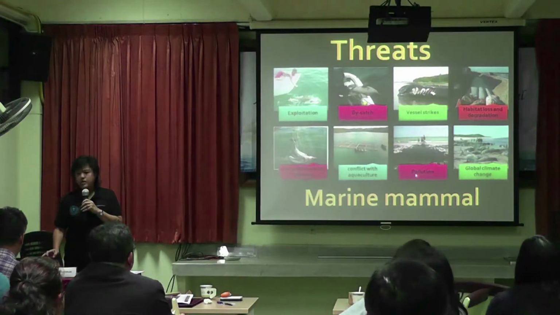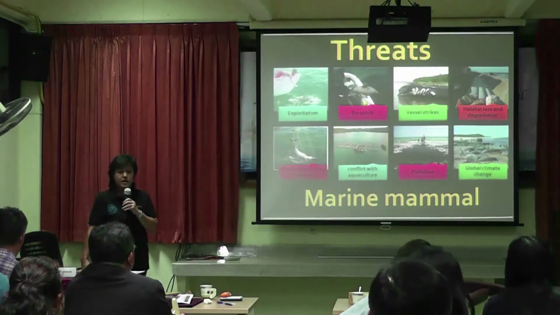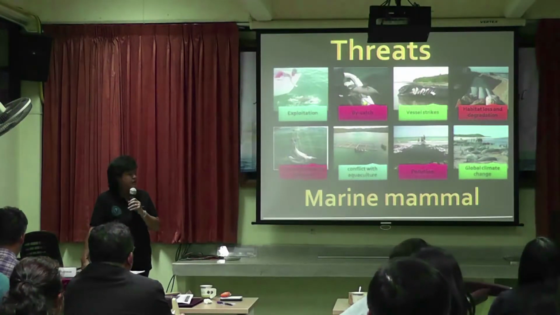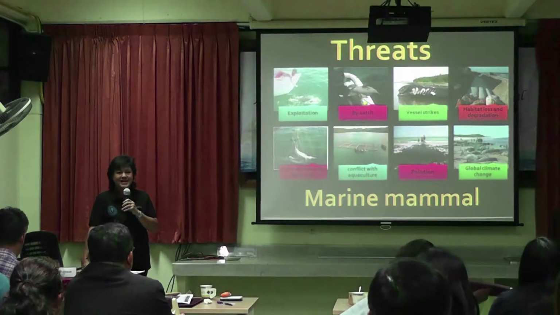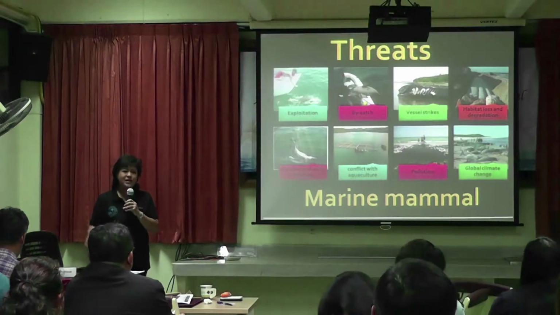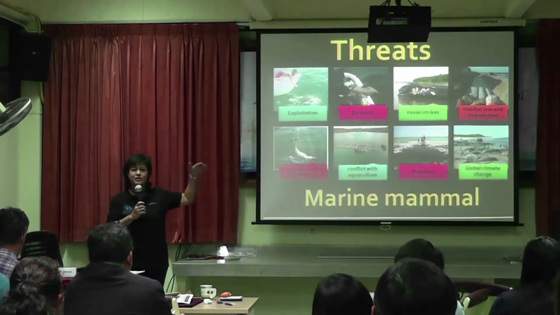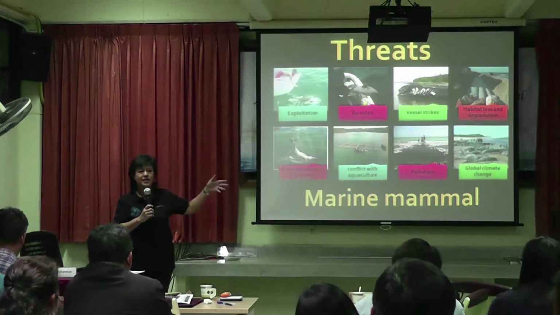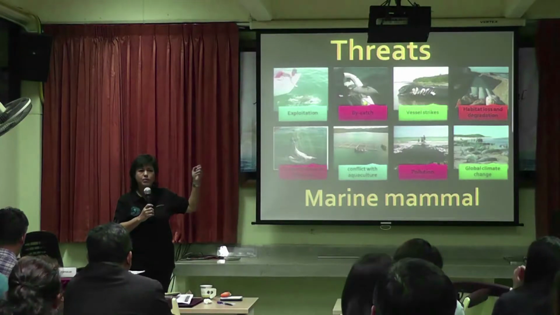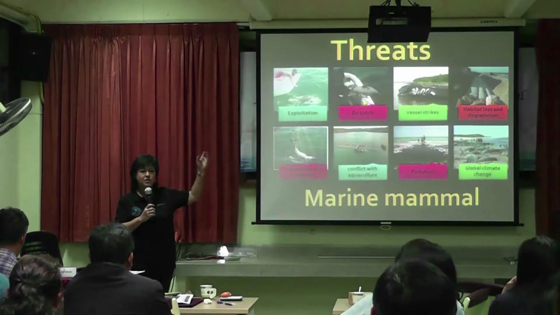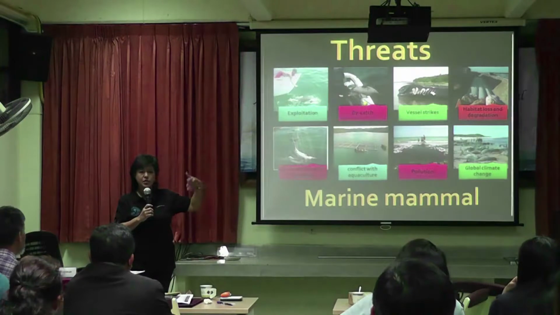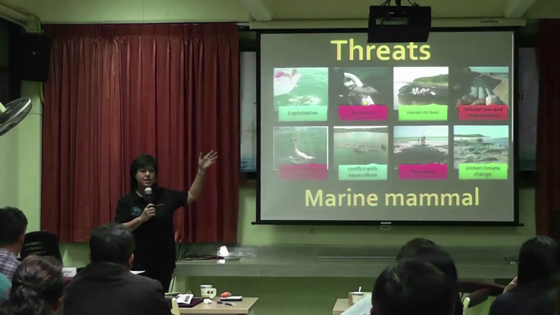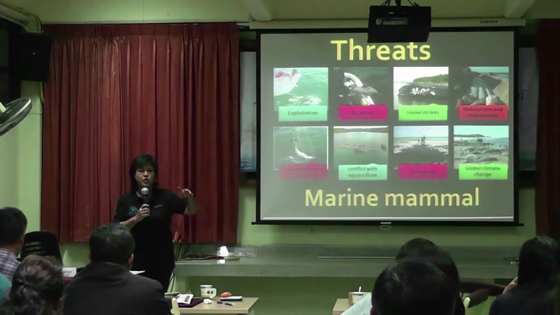The pollution and global climate change can have direct or indirect effects on the animals, because we have runoff from the land. Just like in the south of Thailand, we have a lot of rubber plantations coming, and many plantations that use pesticides and many things like that. So when it rains, it washes off to the ocean.